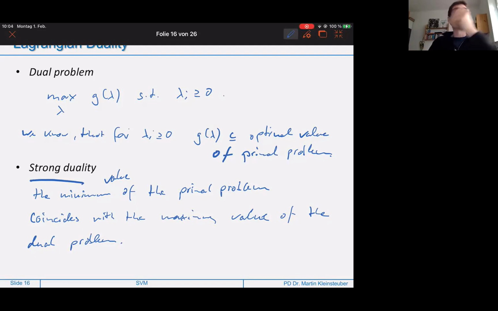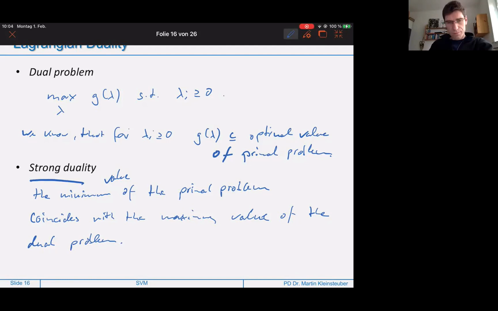Even if the original problem is more complicated and not easy to solve, the dual problem can always be solved with convex optimization tools, and under certain conditions, which I don't want to go into in detail, we can compute the best value of the problem.